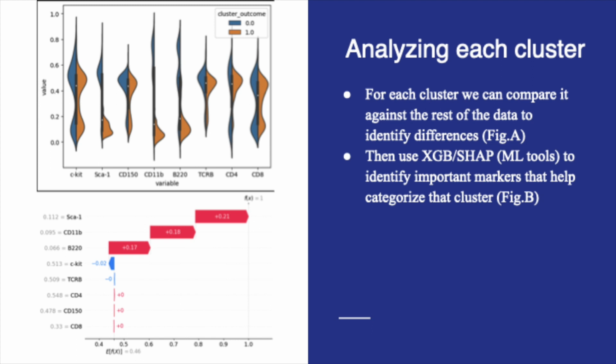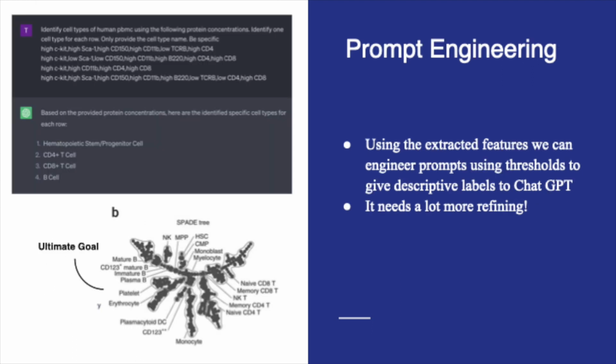I used XGBoost and SHAP, which are ML models, to find out what features are important to help classify a specific cluster. Once we have that feature importance, we can set different thresholds, use prompt engineering to put it into ChatGPT, and tell ChatGPT to identify each cell population's cell label.